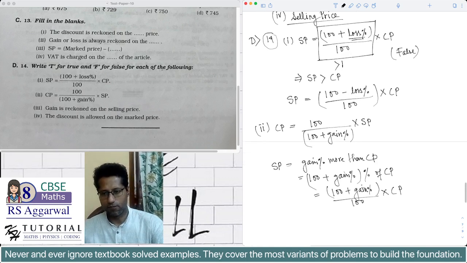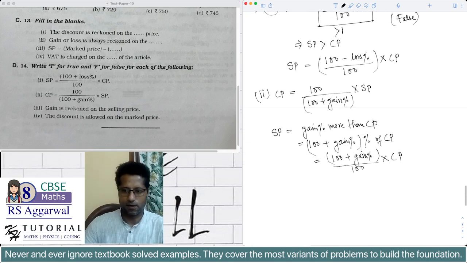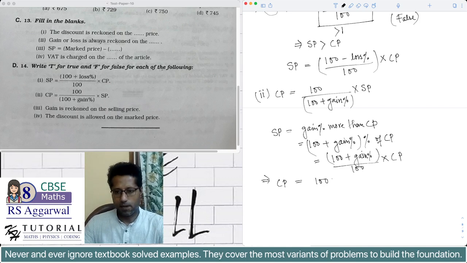So this is the correct formula when there is a gain percent. From here we can find CP in terms of SP. So CP will be equal to 100 multiplied by SP divided by 100 plus gain percent. So the given formula is true.